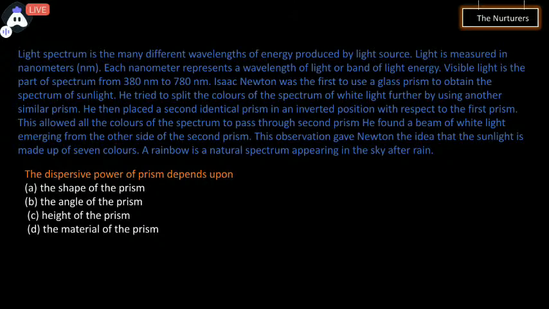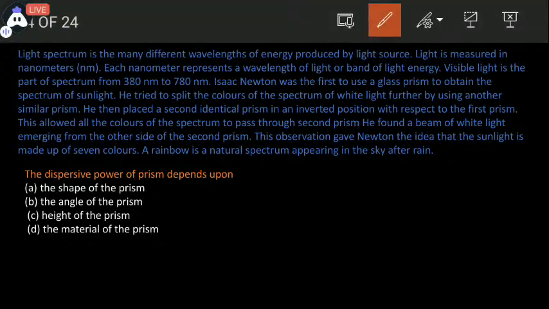So that is the dispersive power. And if you're talking about on what it depends among the four, it depends upon the material of the prism. Since the material of the prism would only be responsible for giving out different angles, and indirectly the dispersive power depends upon the different angles.